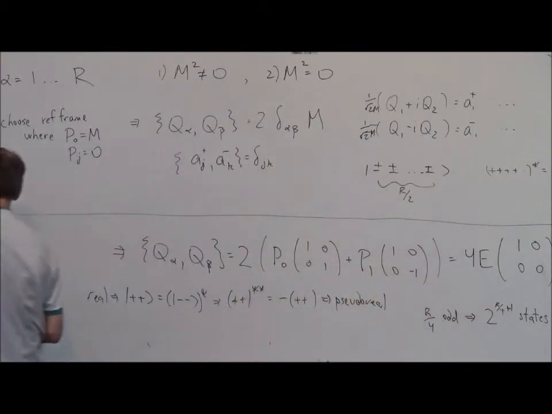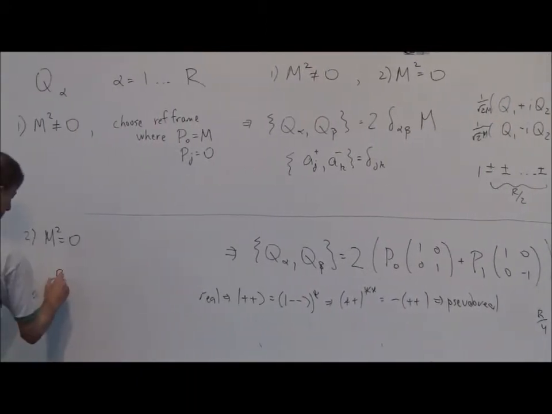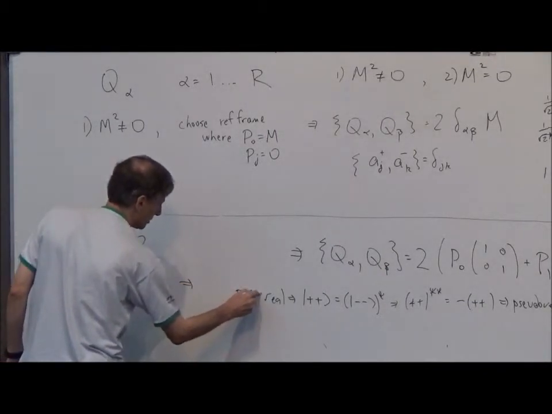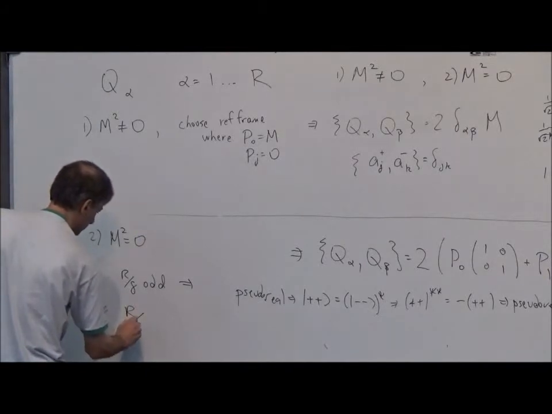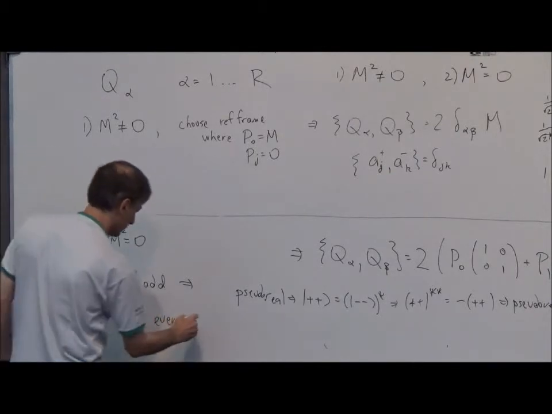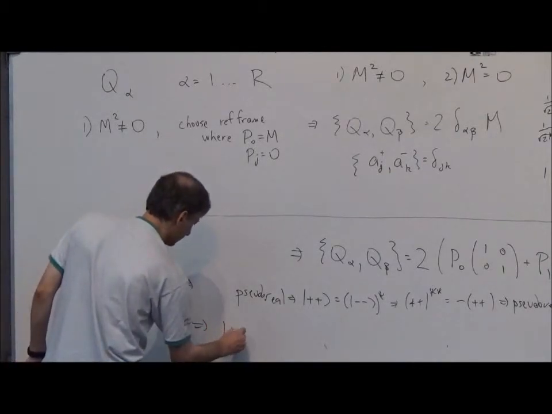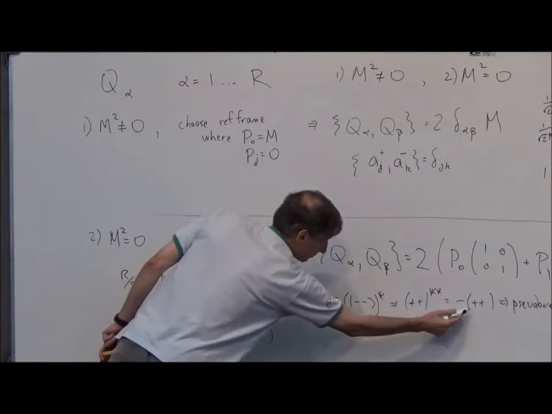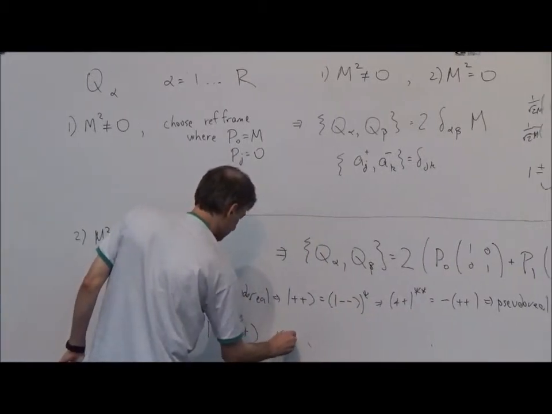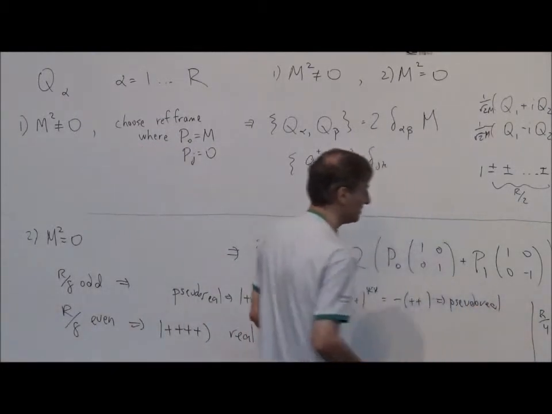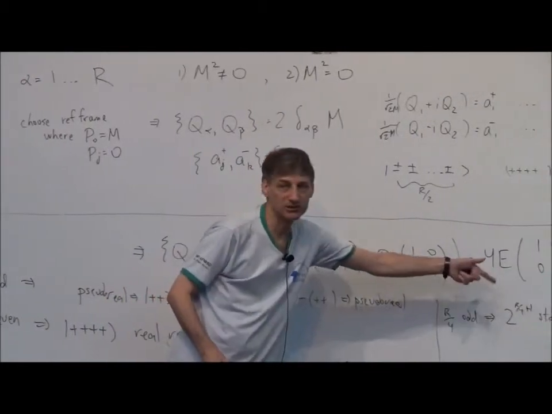So the way to classify these is if R over 4 is even, but R over 8 is odd, you find that the representation is pseudo-real. Whereas if R over 8 is even, so for example, that would be the case where you have plus plus plus plus, in that case, you find that this is actually equal to plus this. So we have these 3 cases. We have R over 4 odd. That always doubles the number of states.